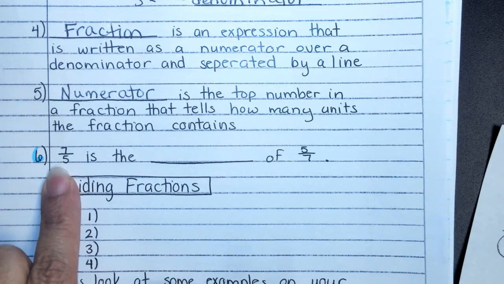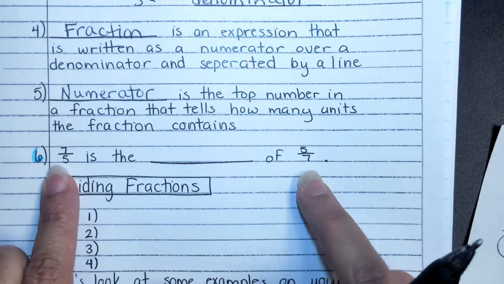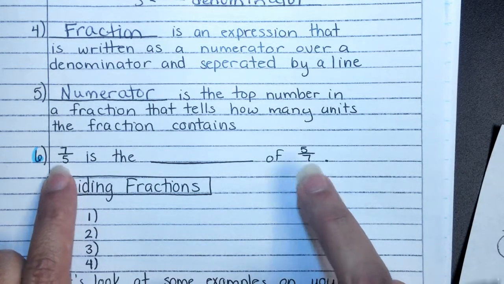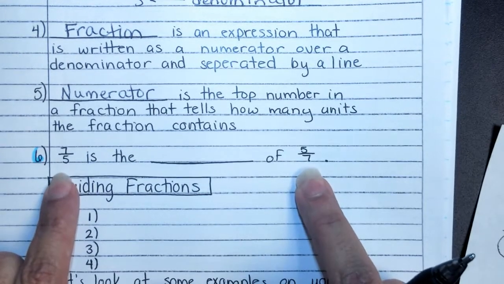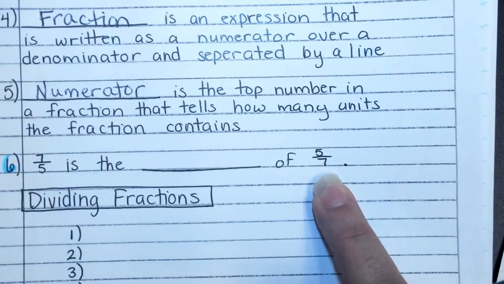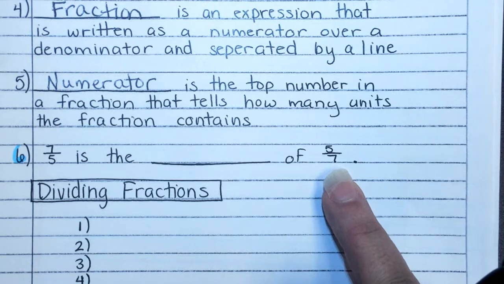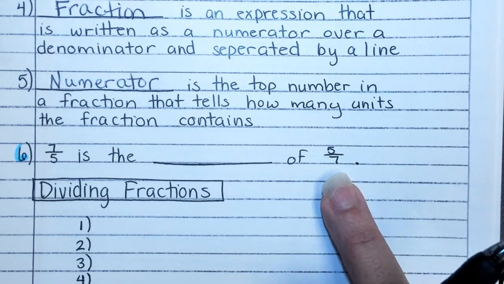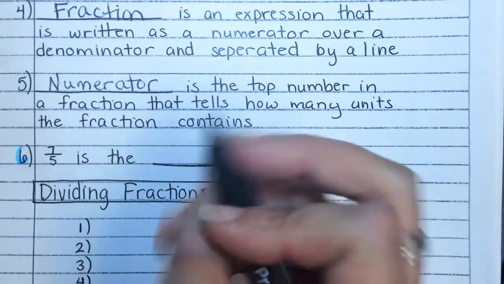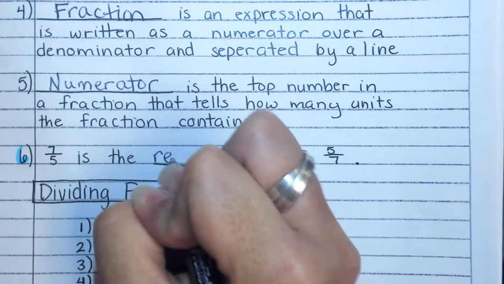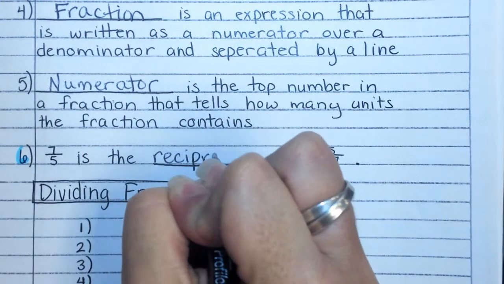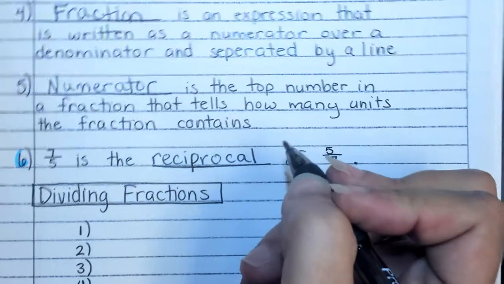So I want you to look. 7/5 flipped over, which isn't easy to say, is 5/7. Do you see how these two are just flipped over back and forth? Do you see that? 5/7, 7/5. Okay, listen. It just has a fancy name called reciprocal. I call it flipping the fraction over, but the fancy name is reciprocal.